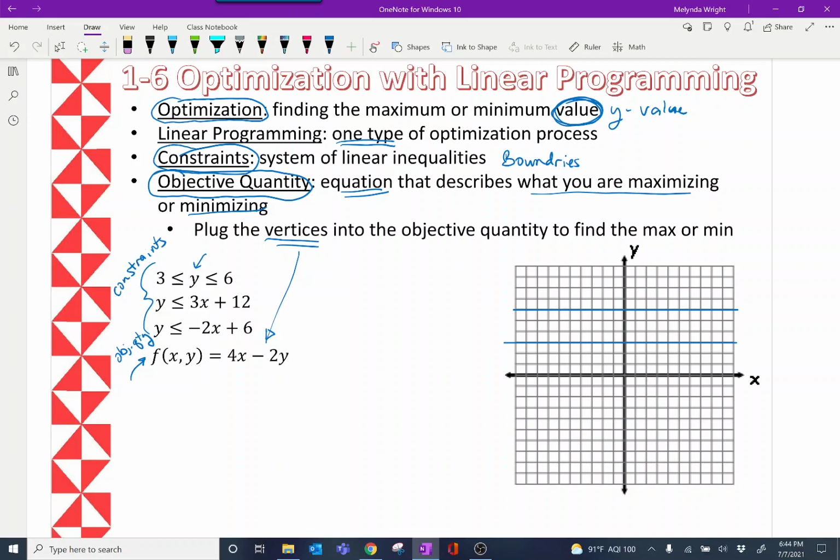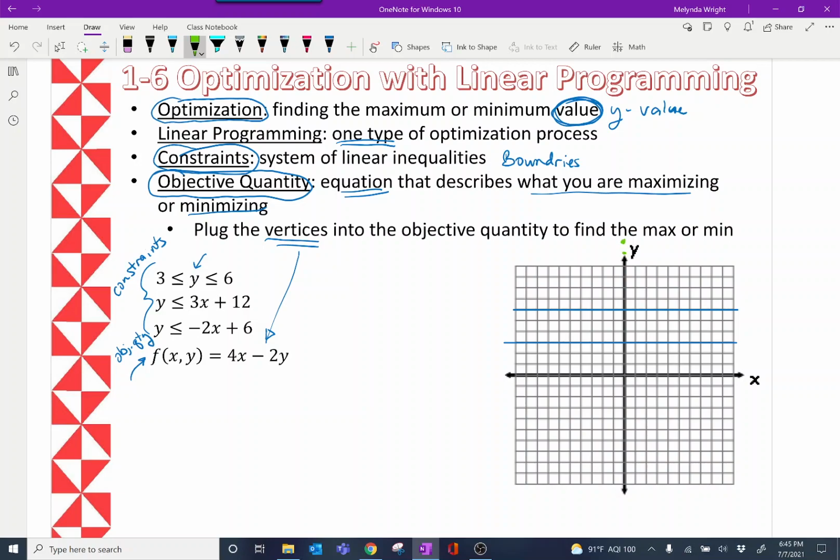On the next one, y equals 3x plus 12. So let's do this in a different color. We'll do green. The typical way to do this would be to go to the y-intercept of 12 and then do our slope of 3. So 1, 2, 3, 4, 5, 6, 7, 8, 9, 10, and we'd have maybe 11 and maybe 12 here.